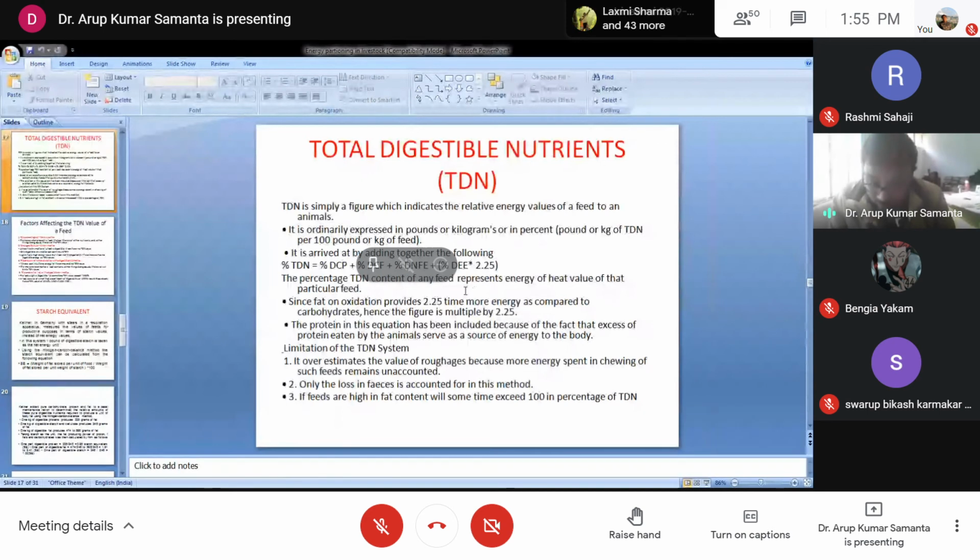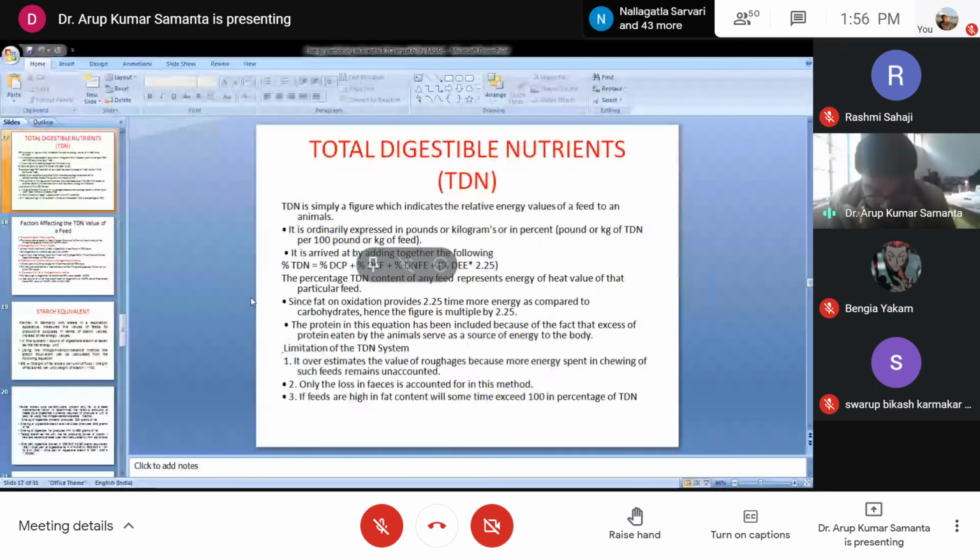In spite of having this much advantage, this particular system has got some disadvantages also. What is that? It overestimates the value of roughages because more energy spent in chewing such feeds remains unaccounted. You know, whenever you are offering a roughage based diet or food which is very rich in crude fiber, maximum quantity of energy is lost during the fermentation and chewing process.